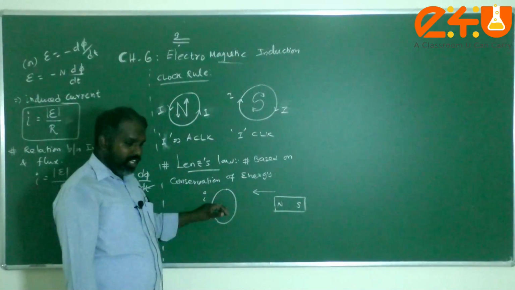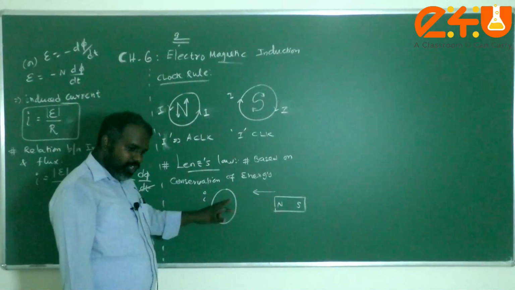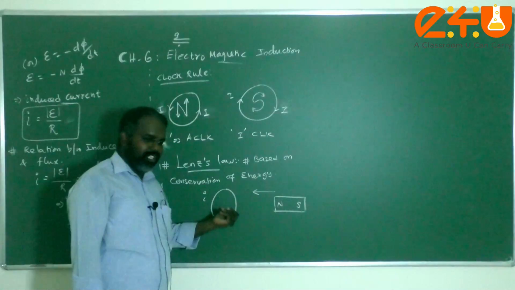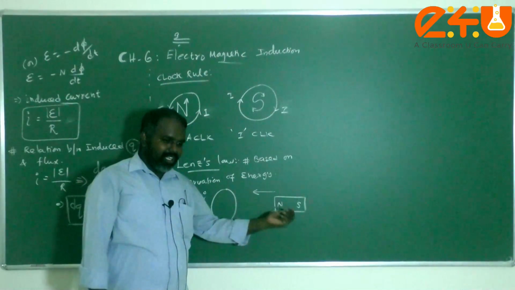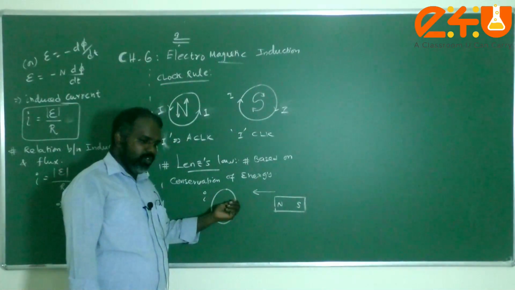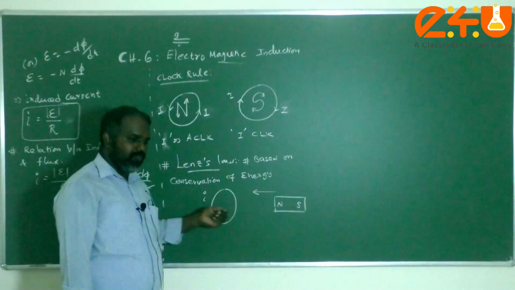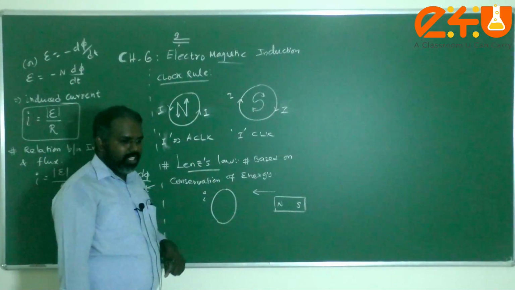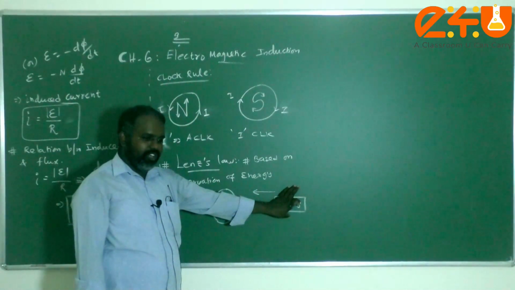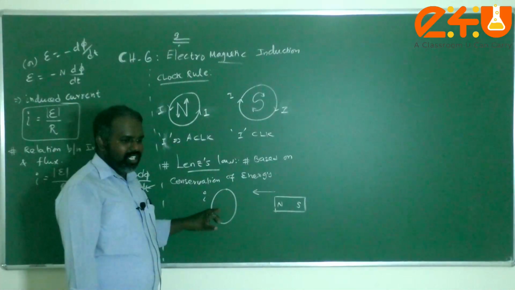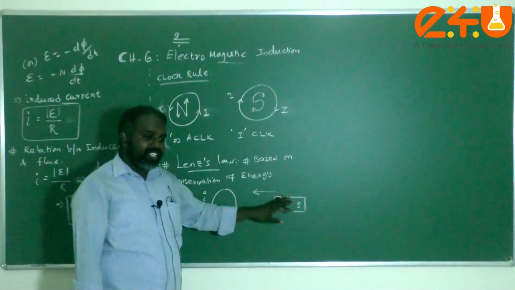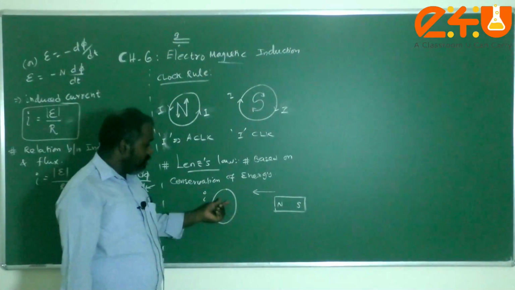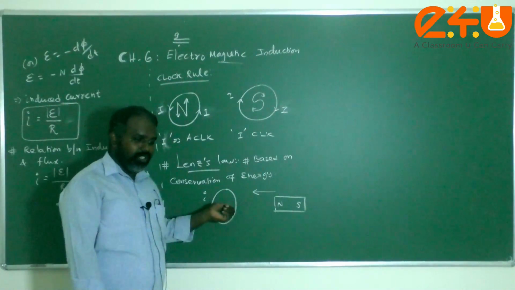But if the field produced by the induced current supports the motion of the magnet, then without any mechanical work done, the magnet will move towards the coil, producing induced current or electrical energy in the system. That means without spending energy, we are getting electrical energy. So that violates the energy conservation principle. That means this will not support the motion of the bar magnet.